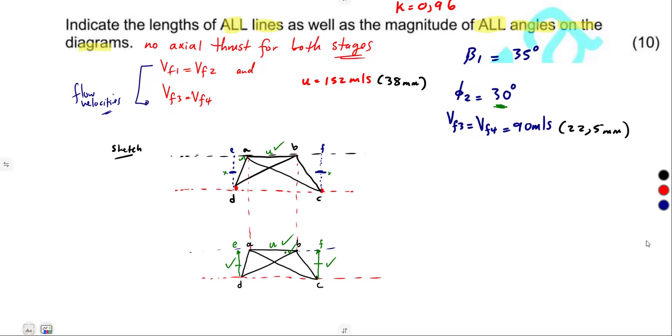We only had the value of U and the angle beta 1. That is, we are much limited from the first diagram. But from the second diagram, we can play around with this and get other values that will help us produce the first diagram. So this is what we are going to do.